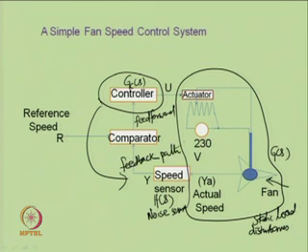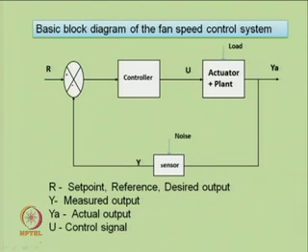Now, a control system has got a feed forward path, a feedback path and the actuator in the loop. Depending on the location of the controller, one may get varieties of control structures. What are those control structures? We shall see in the subsequent slides.